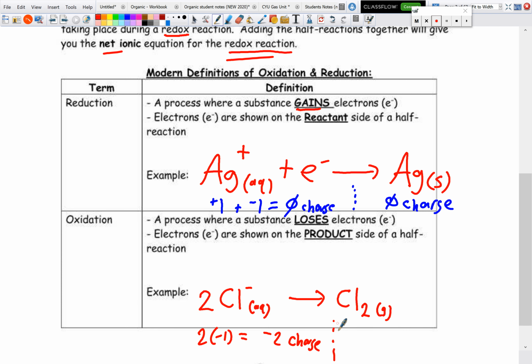So in order to balance out the charges, we're going to add 2 electrons on this side right here. So we get a 0 charge plus 2 times a negative 1, and we're left with a negative 2 charge on this side right here. And of course, this negative 1 is just the charge of the electron.